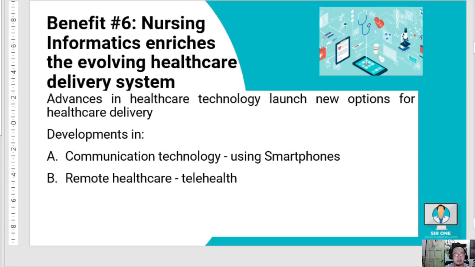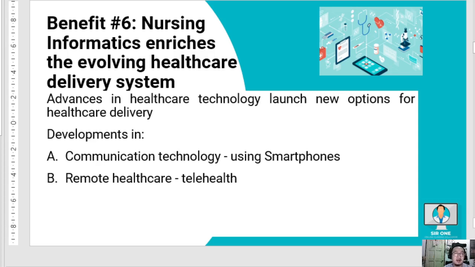For example, I know one hospital in one country whose ambulances have GPS, so you can track where the ambulance is, and they also have electronic health records and other software that really gives efficiency to their nursing work. So advances in healthcare technology launch new options for healthcare delivery.